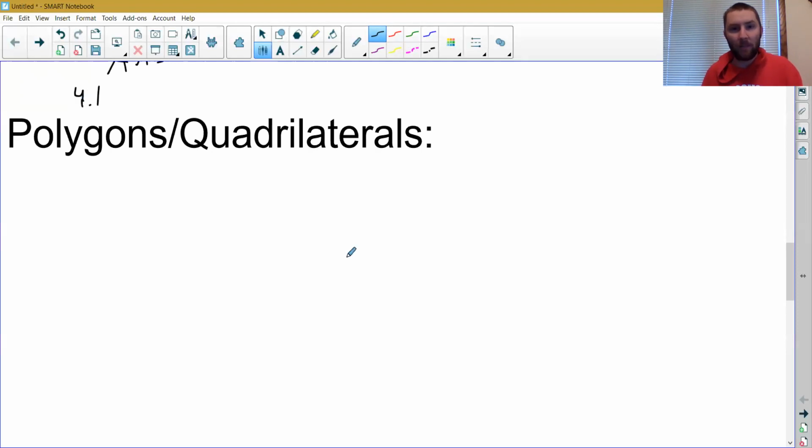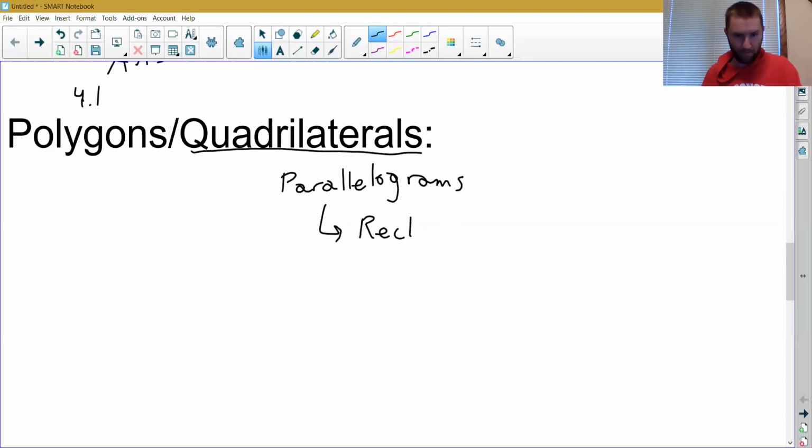And then the rest of this chapter is about specifically 4-sided shapes and more specific 4-sided shapes, starting with parallelograms. Right, so we should know sort of what it means for a 4-sided shape to be a parallelogram and a couple properties maybe. And then within parallelograms, there were rectangles and also rhombuses and squares.